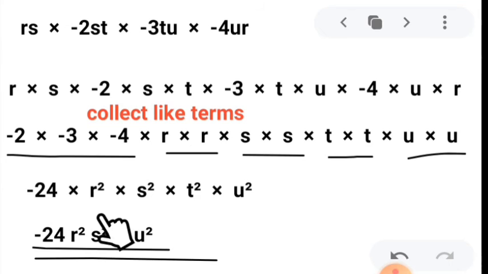R times R is R raised to the power 2. S times S is S raised to the power 2. T times T is T raised to the power 2. And U times U is U raised to the power 2. So if we put this together, we have minus 24R raised to the power 2, S raised to the power 2, T raised to the power 2, and U raised to the power 2.